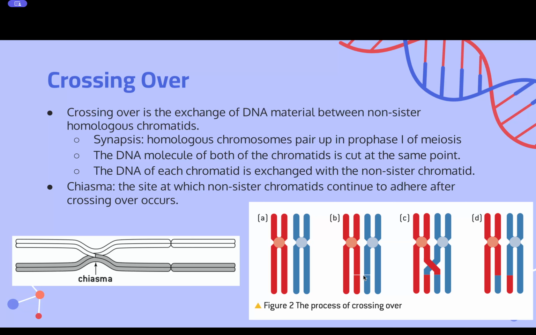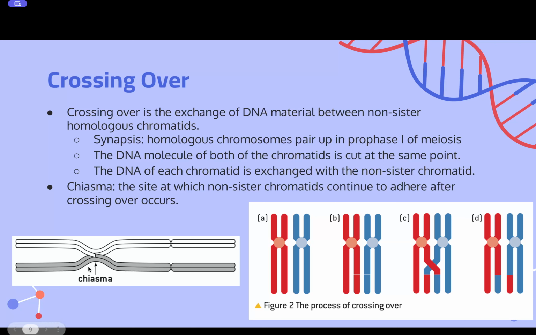So if you look at this point, both of the opposing homologous chromosomes will be cut, and they will basically exchange and swap around. In this situation, the blue will go to the red and the red will go to the blue, and that will result in this combination, which will separate into this later on.